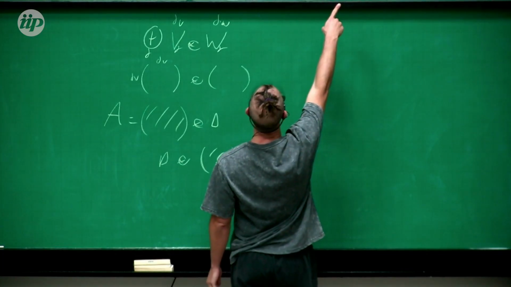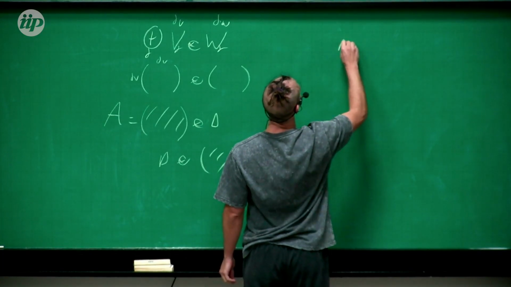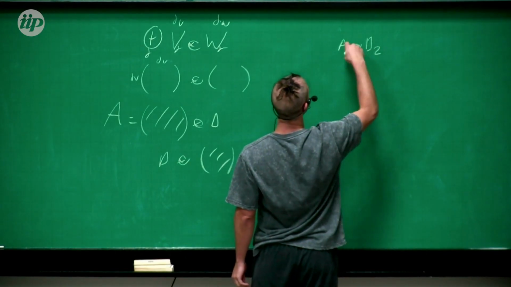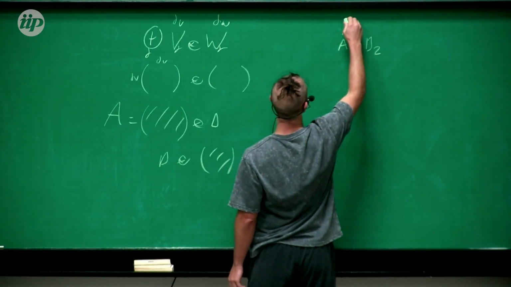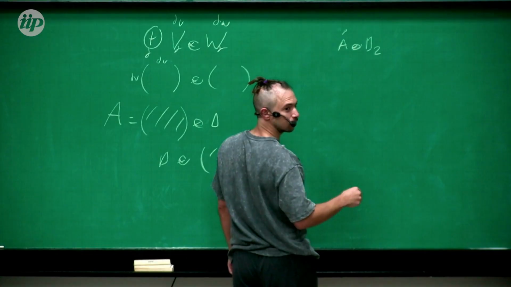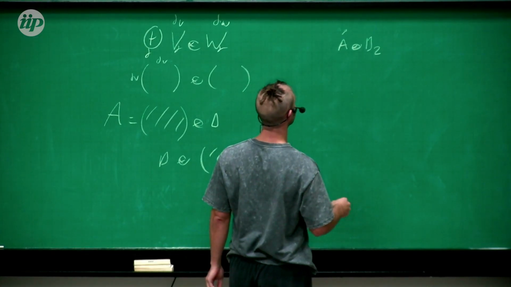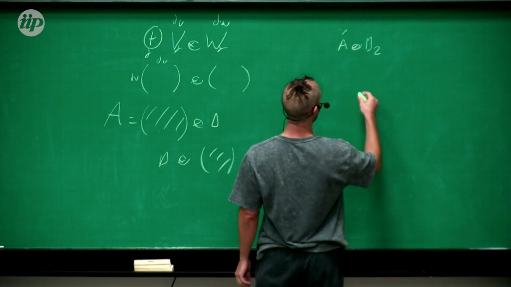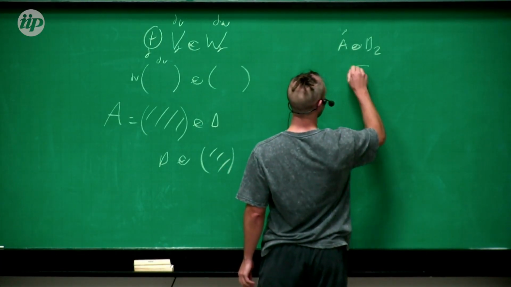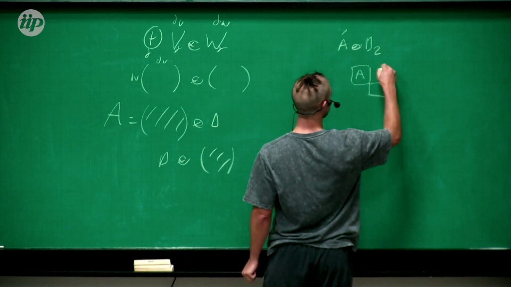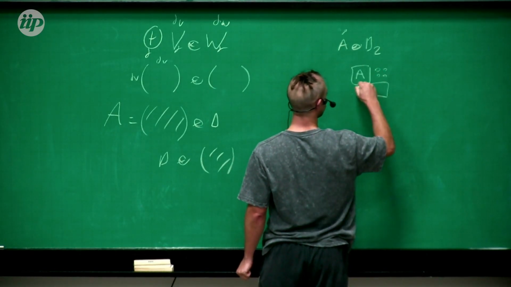If I do A tensor identity 2 and A is some 2x2 matrix, exactly, so I expect this to look like this, and here is like a 0, 0, 0, 0, 0, 0, 0, 0.